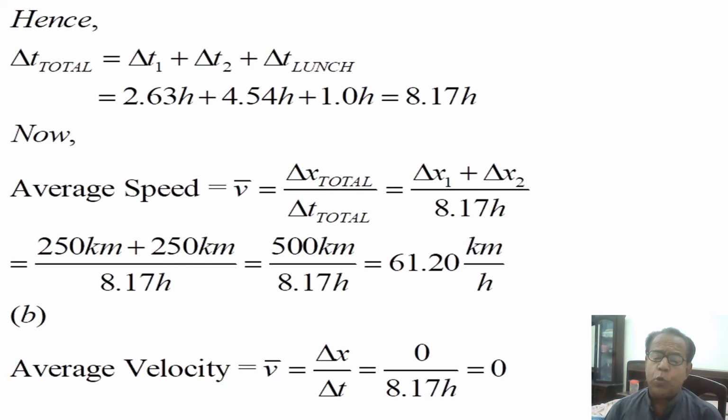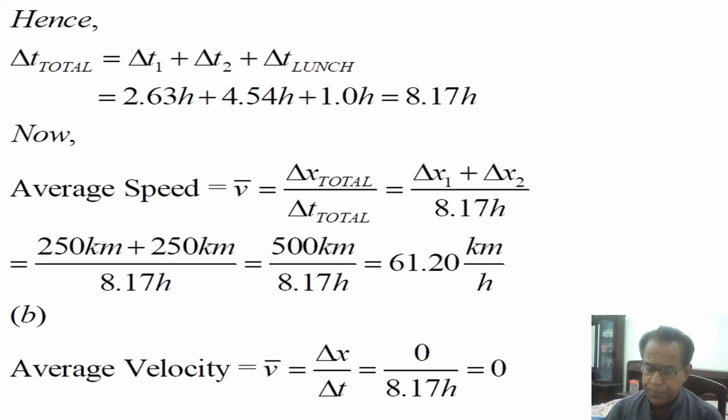Now, average speed, v average, is equal to delta x total divided by delta t total. This alternatively becomes equal to delta x1 plus delta x2 divided by 8.17 hours. What we have done? We have simply split delta x total into delta x1 plus delta x2, while we have substituted the value of delta t total, which we have already calculated in the above step, which is 8.17 hours.